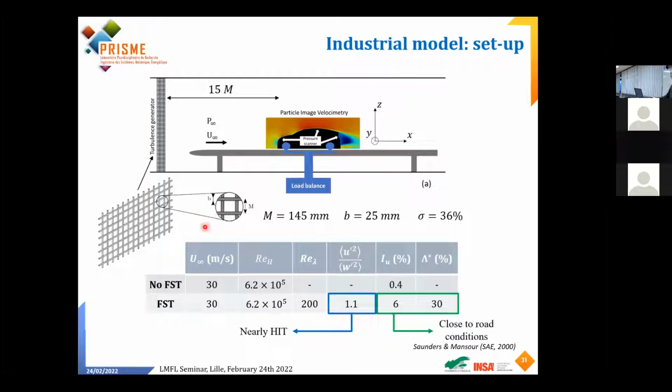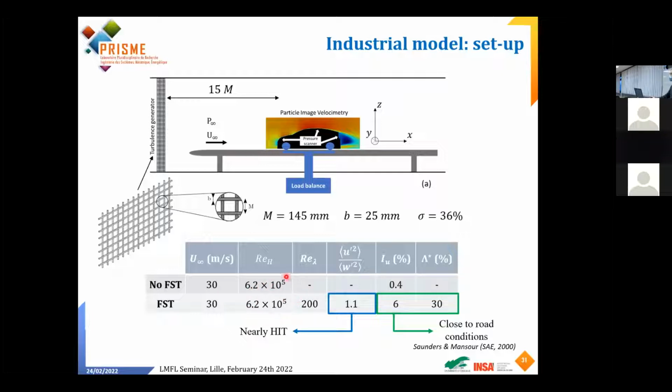Here you have some typical values important for understanding the difference between the no free stream turbulence conditions and the free stream turbulence conditions. FST means that we are using turbulence outside the wake. The velocity will be 30 meters per second. It's a bit different from the previous one because, due to the grid, we have pressure losses, so we cannot reach the same velocity as previously, obviously.